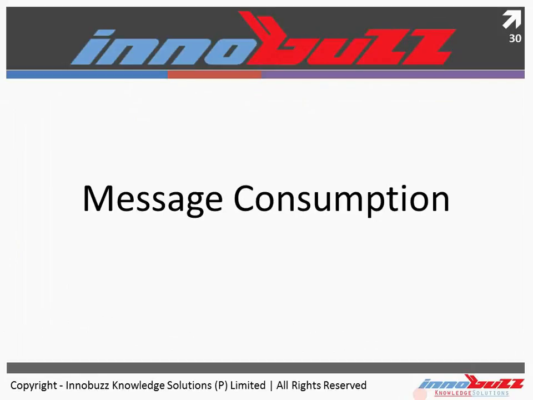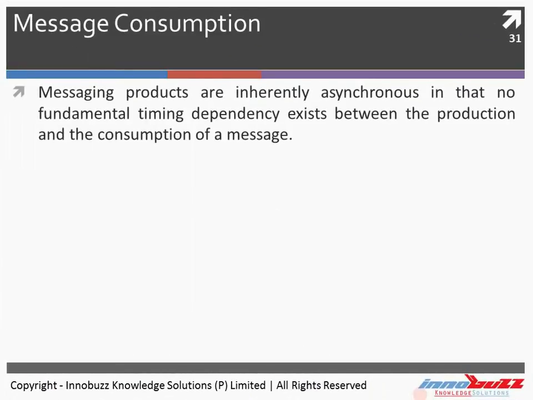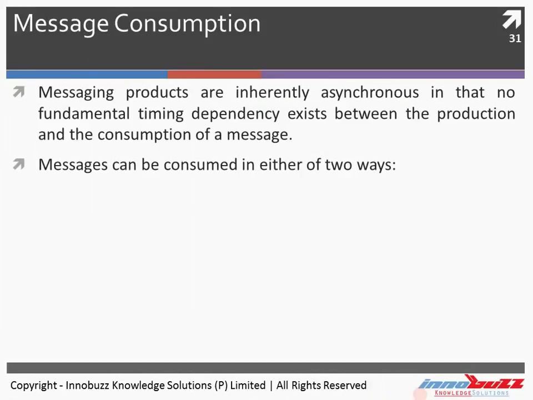Message consumption. So how do these messages get consumed? Let's see. Messaging products are inherently asynchronous, in that no fundamental timing dependency exists between the production and the consumption of a message. Messages can be consumed in two ways.